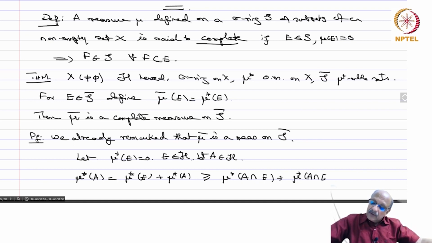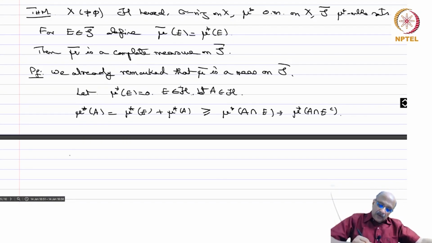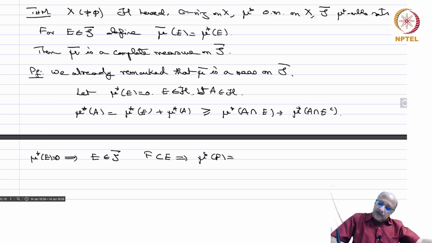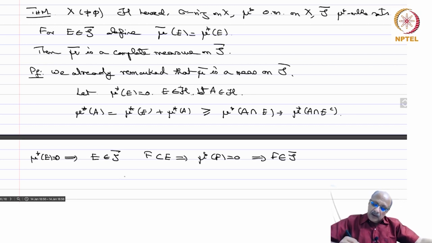So this is true. So this implies that if mu star E equal to 0, then E belongs to S bar. Then F contained in E implies mu star of F is also 0 by monotonicity, and therefore this F also belongs to S bar. So this implies that mu bar on S bar is complete.